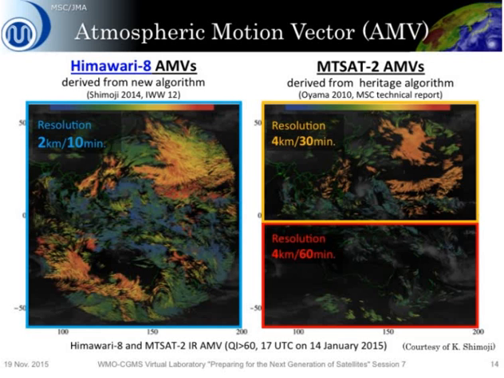You can clearly see great increase in number of retrieved AMVs from Himawari 8 data. Since the observation frequency is improved to every 10 minutes, the rate of successful AMV calculation or tracking by pattern matching method is largely enhanced.